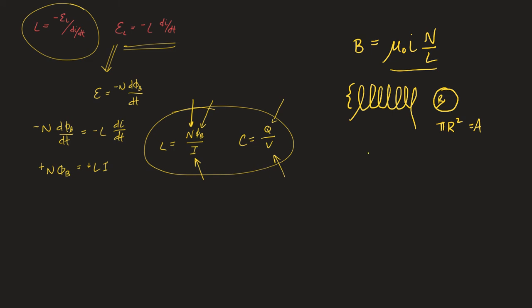Seems to me then that my magnetic flux through a solenoid will be mu naught I n over L times pi r squared. This is all for a solenoid.